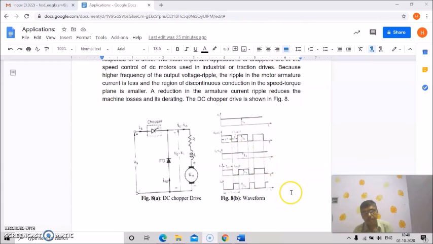So, in a quick way, we have discussed DC motor speed control with the help of power electronic devices.